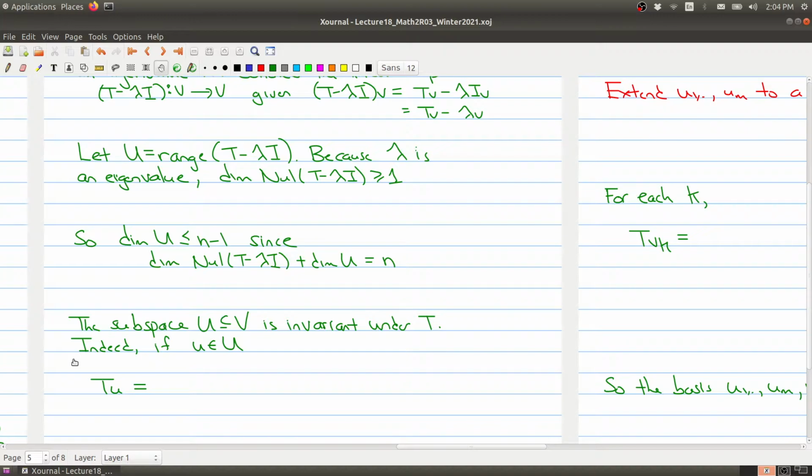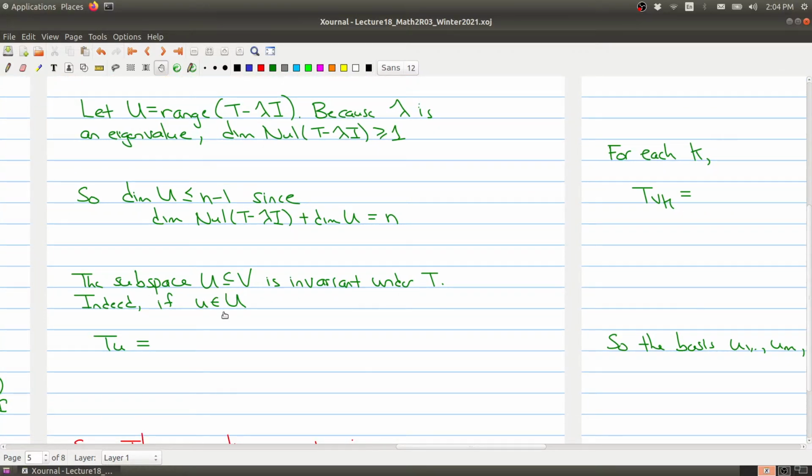Now, what else can we say about this space U? It turns out that this subspace is invariant under the operator T. To see why, take an arbitrary element, little u, inside of the space U, and plug it into T. We can re-express Tu as Tu minus lambda u plus lambda u, so we're doing our favorite mathematical trick of adding in 0 in a special way.